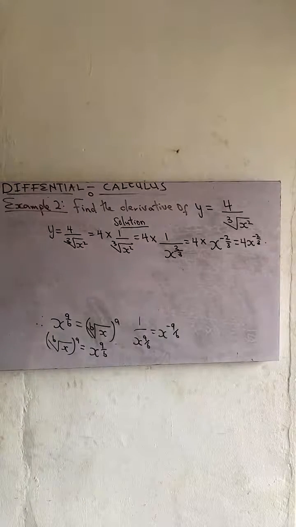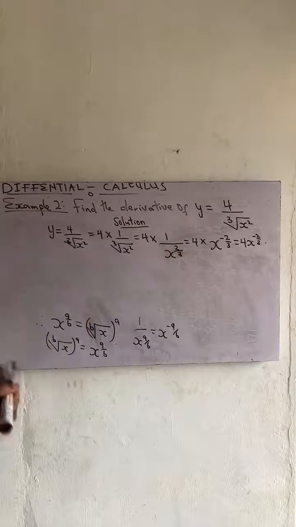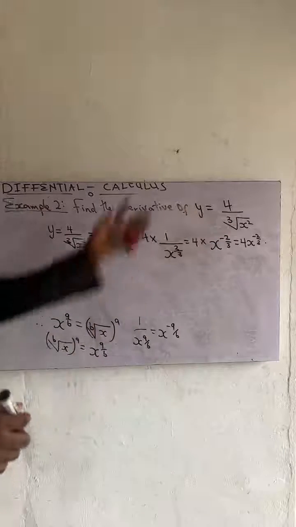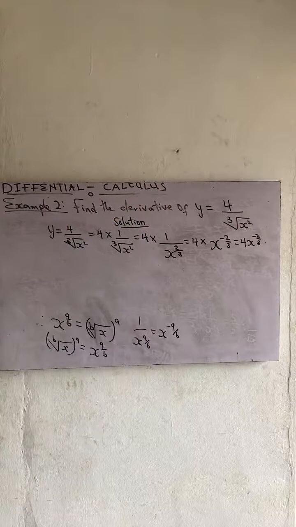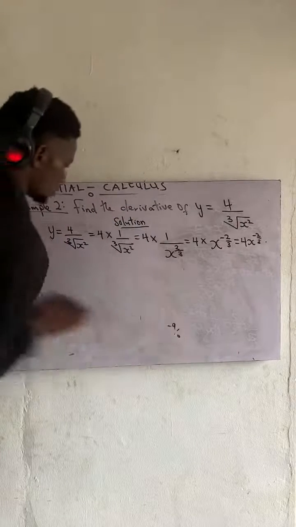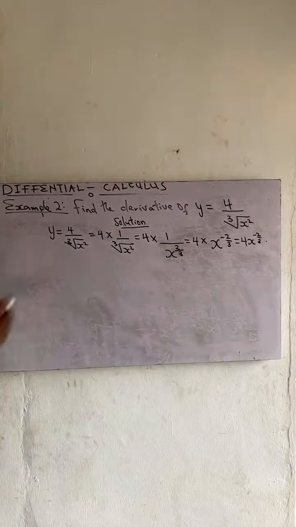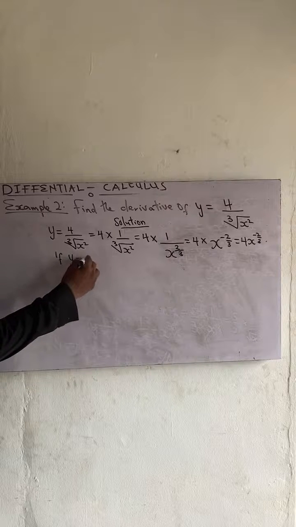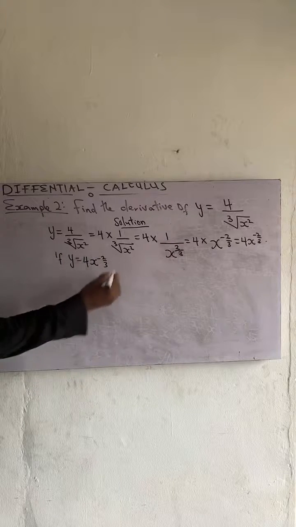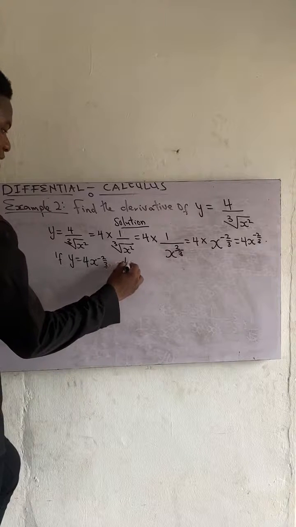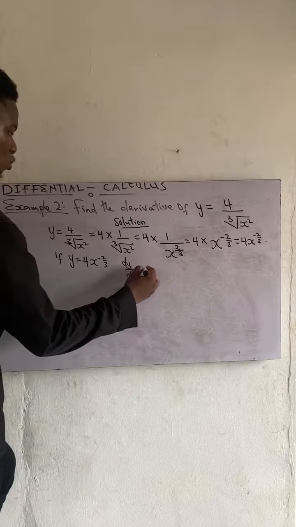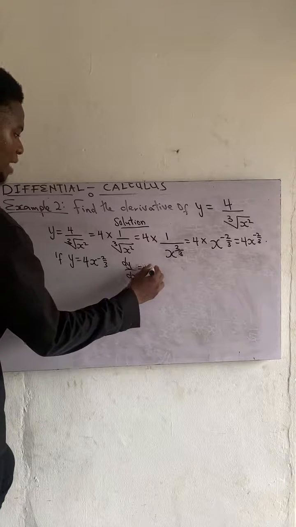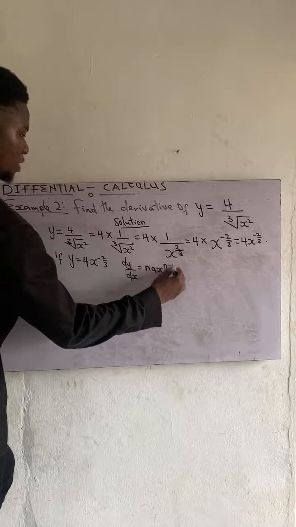So the first thing you have to do before you find the derivative of this y is to firstly rearrange, to firstly express your question. Once you've been able to do this, you will say, if y equals 4x raised to power minus 2 over 3, then dy/dx would be a times n times x raised to power n minus 1.